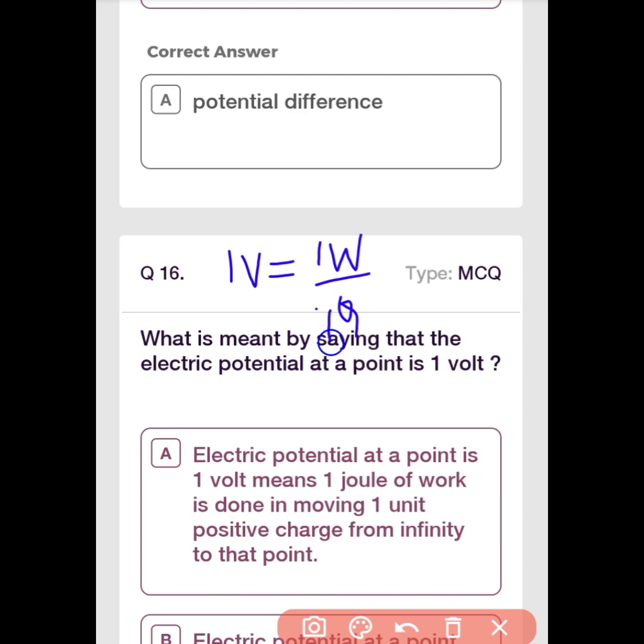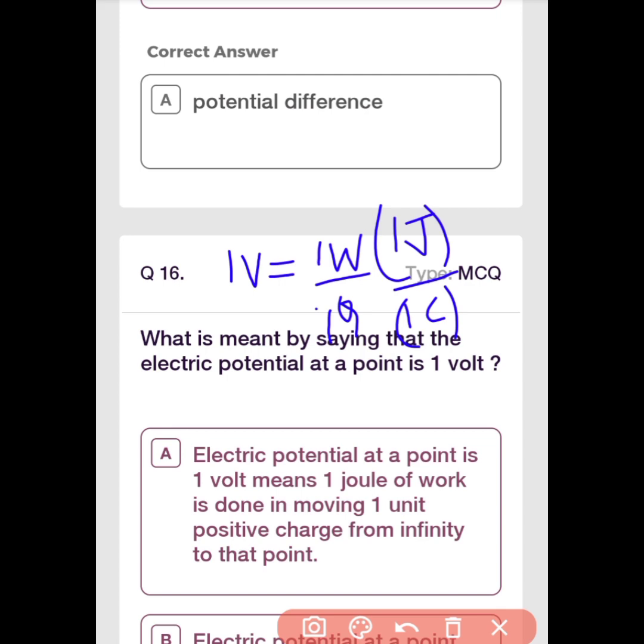So electric potential at a point is said to be 1 volt when 1 joule of work is done in moving a charge of 1 coulomb, that is 1 unit positive charge, from infinity to that point.